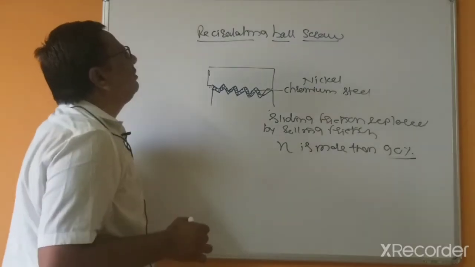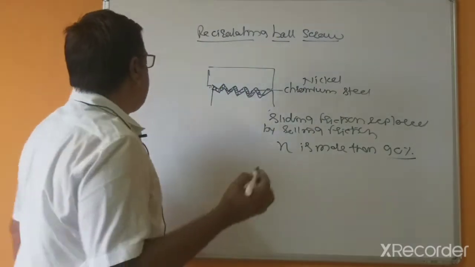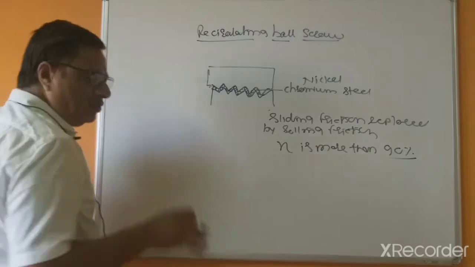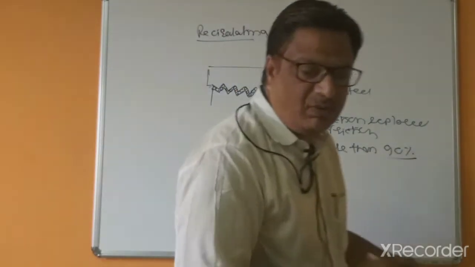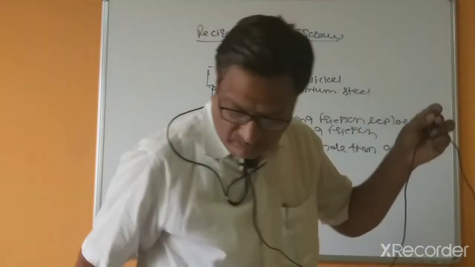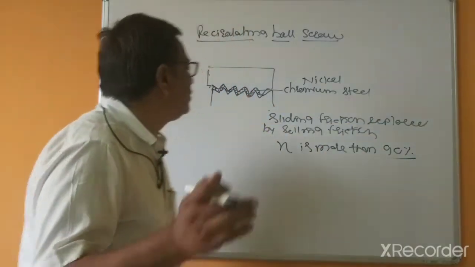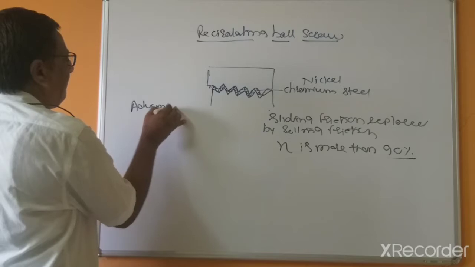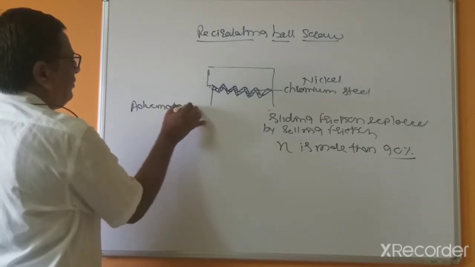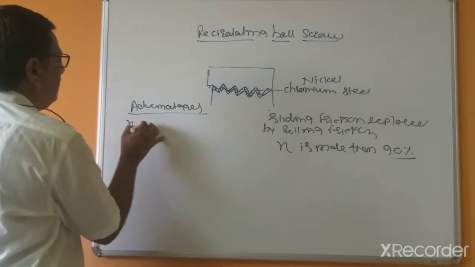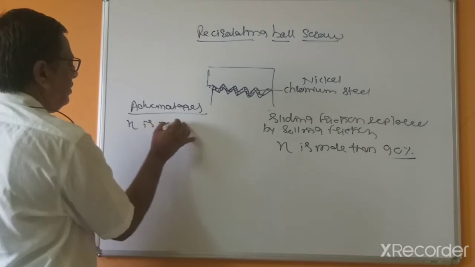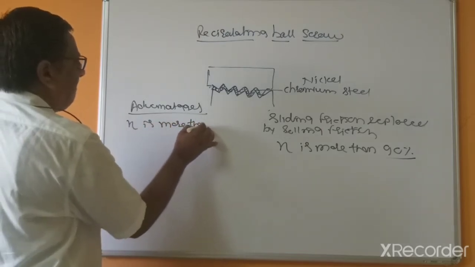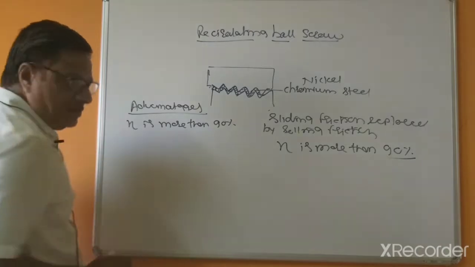And what are the advantages of the recirculating ball screw as compared to the conventional screw? So advantages: efficiency is more than 90%.